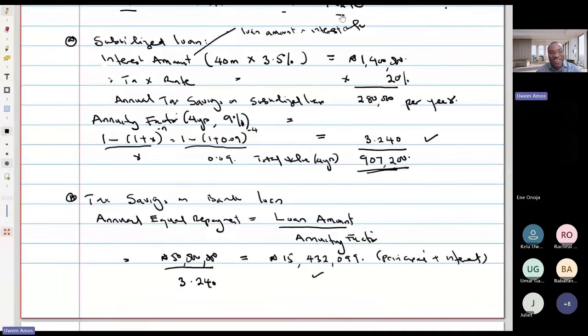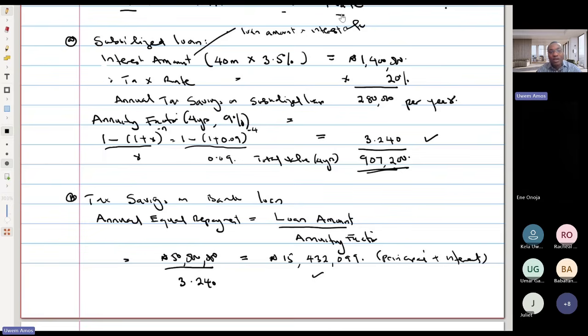Okay, so let me take that again quickly. Where the question mentions that there is equal annual repayment, the expectation is that the equal annual repayment is a combination of the principal and the interest. So we need to begin by determining what that annual equal repayment is.